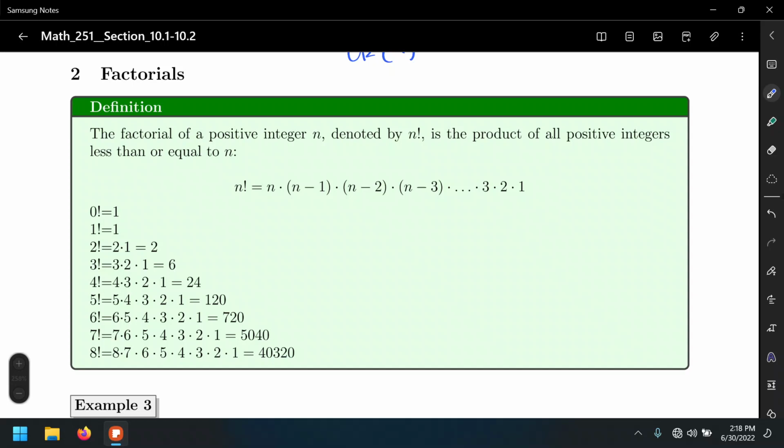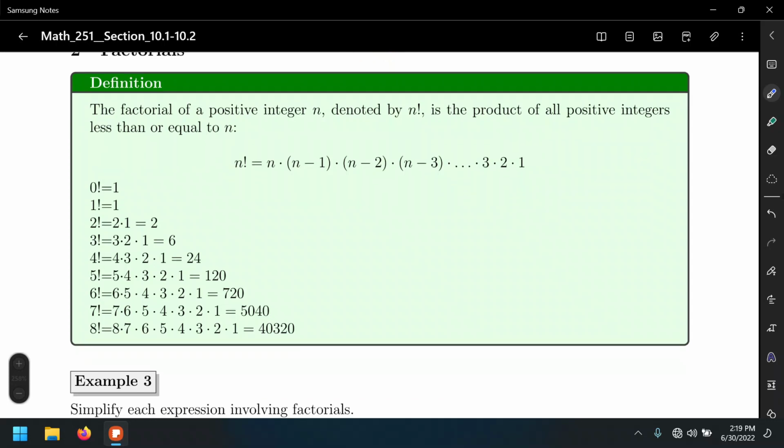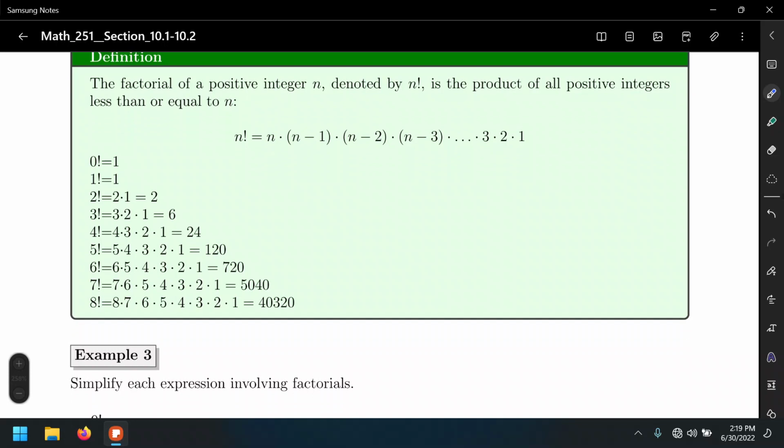And the way we represent these factorials could be in more than one single way. For example, I'm going to take 6 factorial. Let me write it down here. 6 factorial equals 6 times 5 times 4 times 3 times 2 times 1.